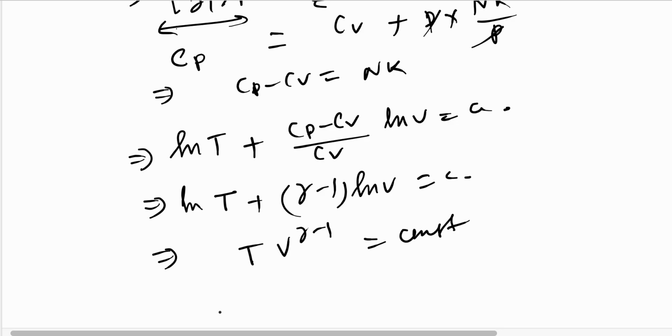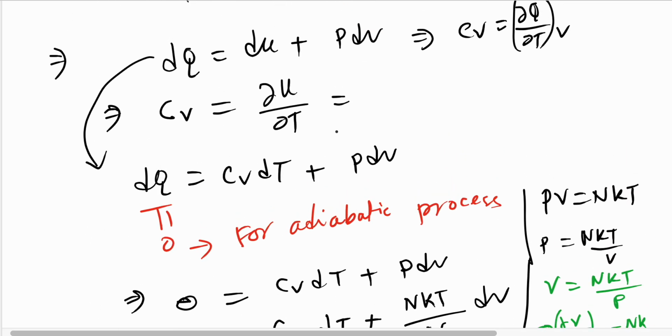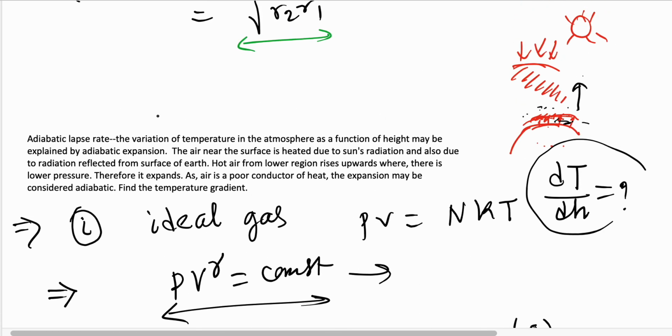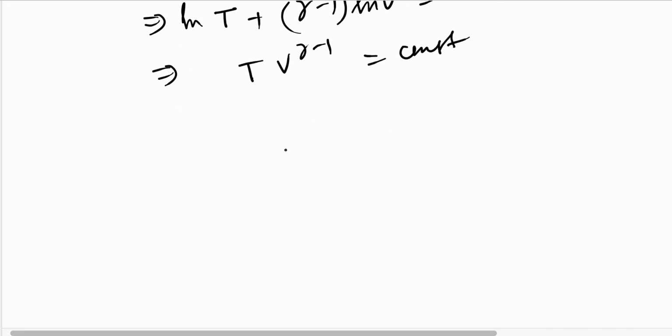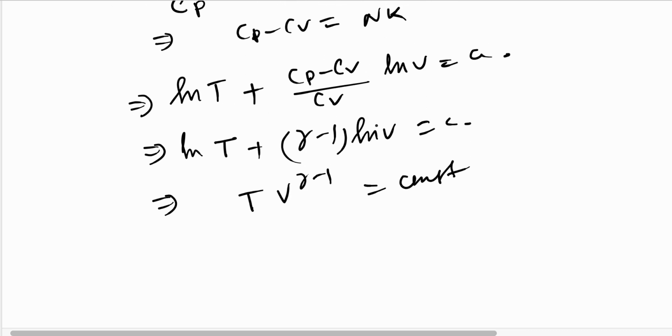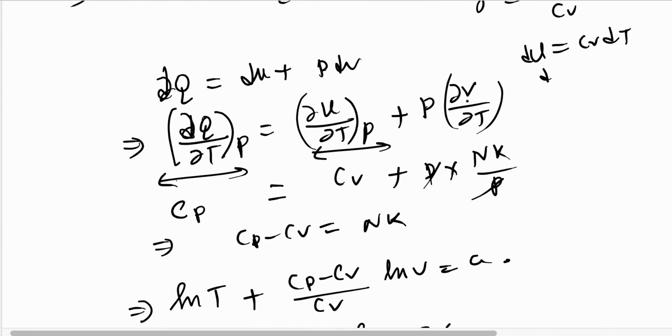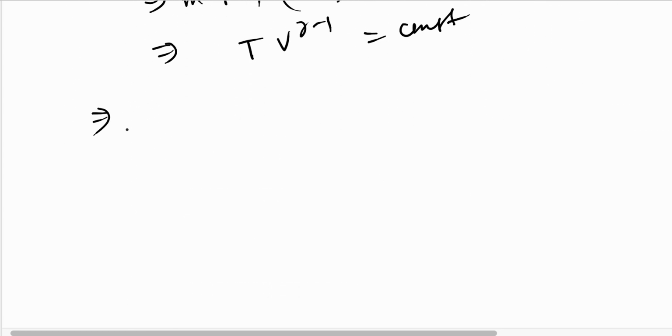Now from this relation we need the relation between the pressure and temperature. So let's extract that relation by again applying the state equation of the ideal gas. We know that PV equals nkT.